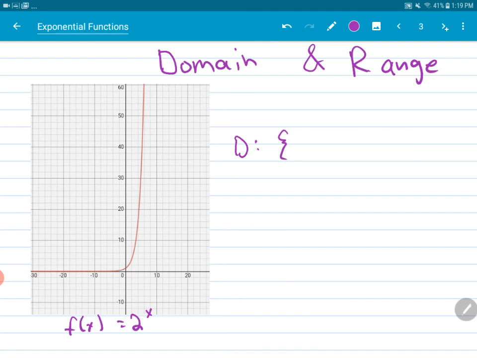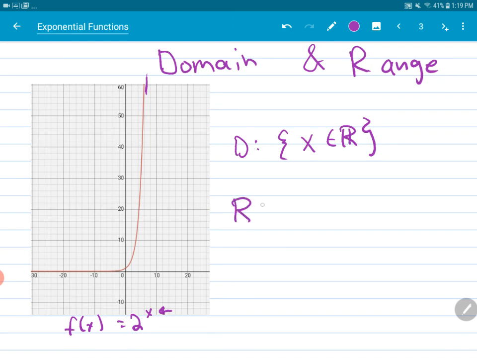Even though it looks like right over here that it stops, it doesn't. It's going to keep growing forever and ever and move towards the right side. So we're going to say that x is every real number. And that works because no matter how big the number is, you can still plug it in for x. There's nothing that would not work. You would just get humongous.